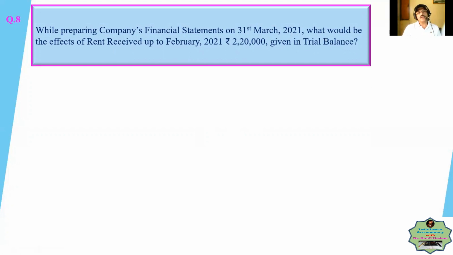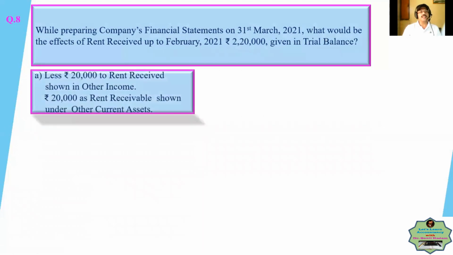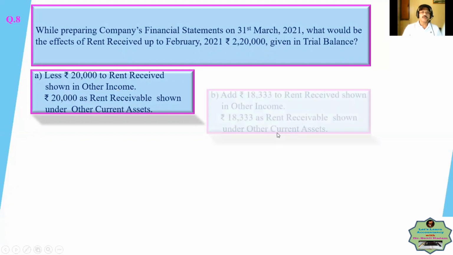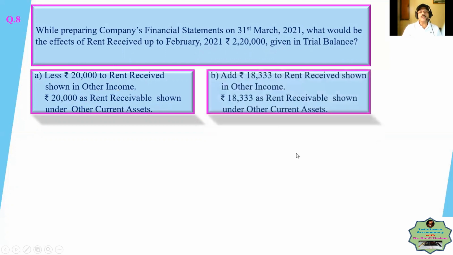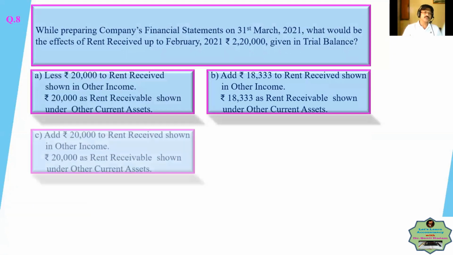So let's check the options given to us and then the correct option. Less 20,000 to the rent received shown in other income, and second effect, rupees 20,000 as a rent receivable shown under current assets. The second option, add rupees 18,333 to the rent received shown in other income, and rupees 18,333 as a rent receivable shown under current liability.